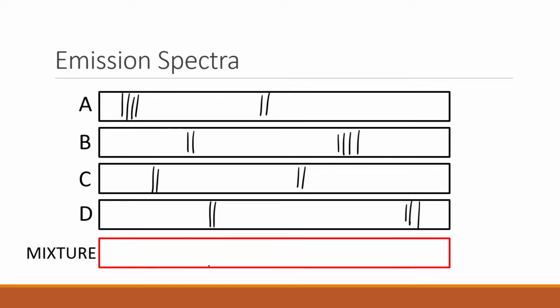I can look at the emission spectra for this unknown thing or for this mixture to determine what substances it could be made out of.